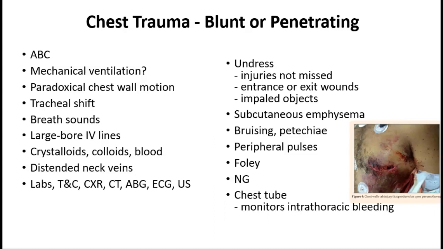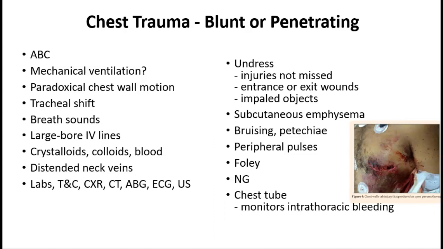Distended neck veins, just coming back to that, should be under the assessment section. If a person is bleeding, we would expect to see flat veins, but distended could also mean that you have a big problem above too with some shunting.